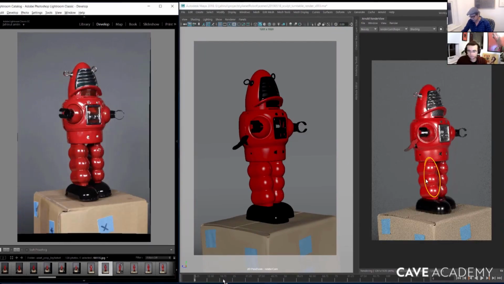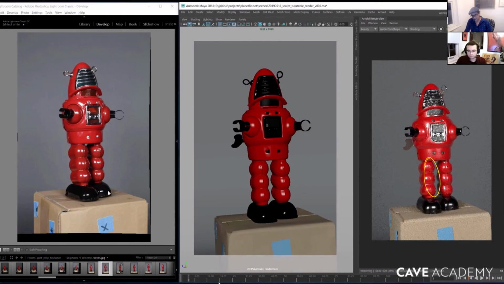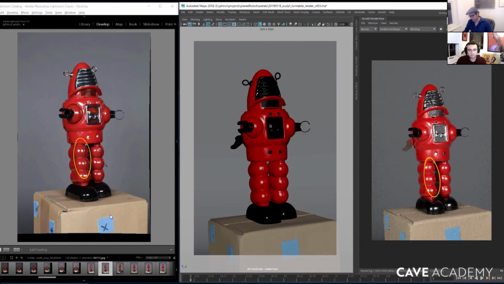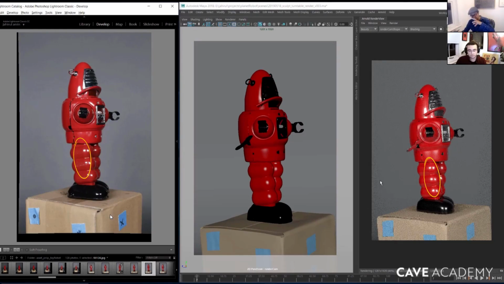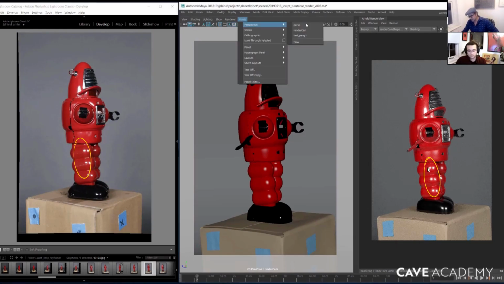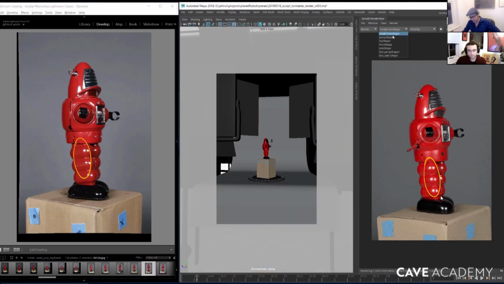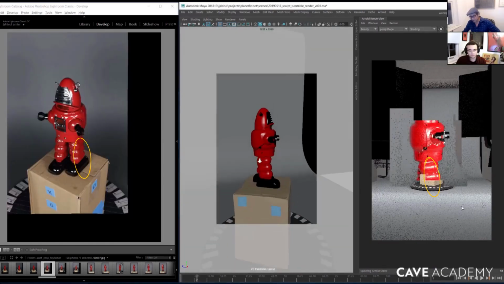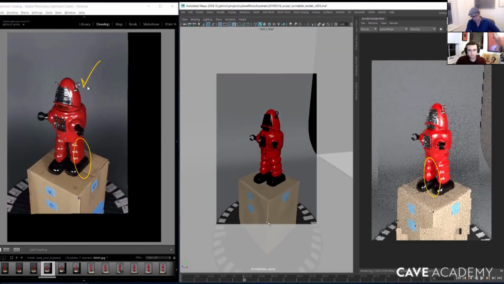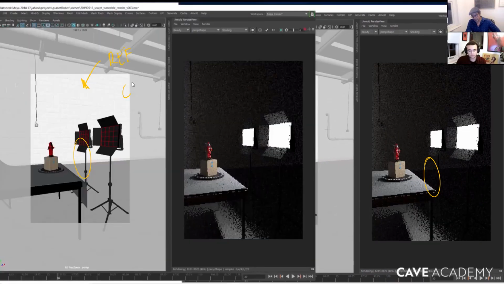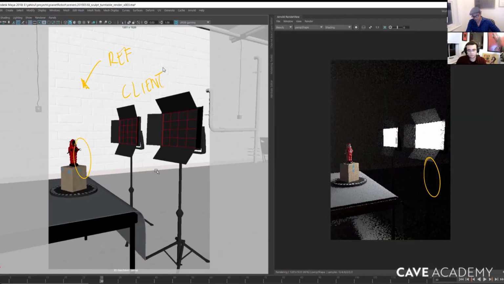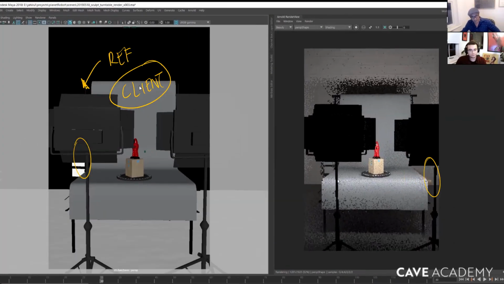The reason I set this up is I wanted the lighting to match the photography. And when you start rebuilding in 3D space, rather than just using that 360, your reflections start to line up and everything else starts to line up to match your reference. And the reason that's useful is that if something doesn't line up, the client will give you a note and say the reflections don't look right.